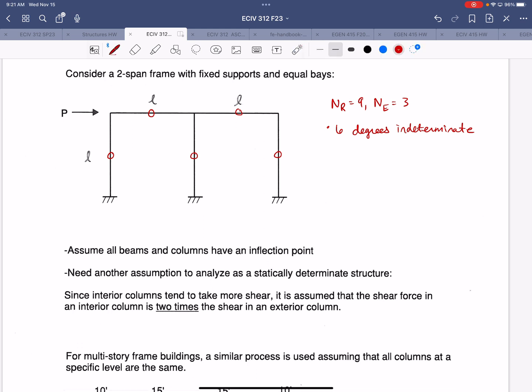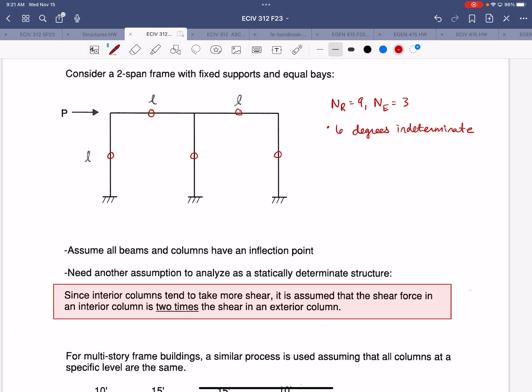So down here, I state what that is. We assume that the interior columns will take twice as much shear as the exterior columns in portal frames. This is based on the fact that those interior columns will take more shear than the exterior columns, and it will be roughly twice as much.